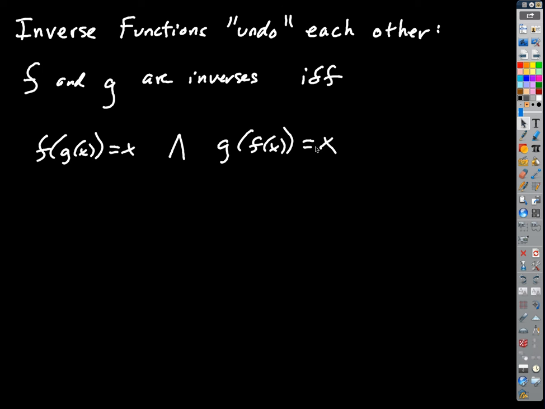So they're inverses if f of g of x is x, and g of f of x is x, meaning g undoes f and I get back to x with this composition. Is that an IFF? IFF means if and only if, the same as a two-way arrow. Each one leads to the other.